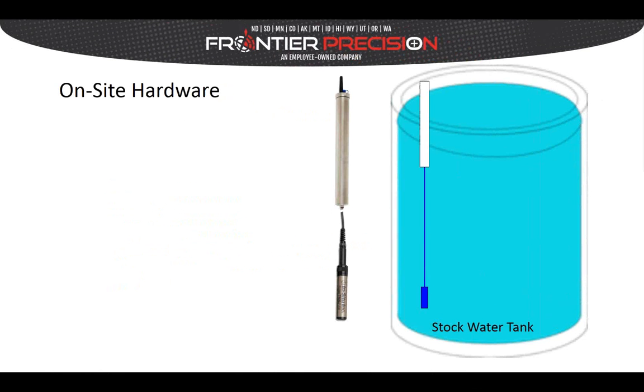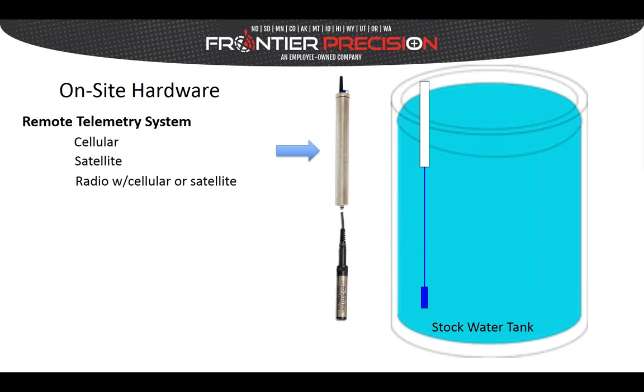So very simple systems for just the monitoring component of this. With your on-site hardware, your remote telemetry system consists of either a cellular transmitter, an Iridium satellite transmitter, or a radio system that uses a cellular or a satellite gateway. So you have this radio to cellular modem or satellite modem transmitter gateway at one of your stations, typically at the monitoring tank site.